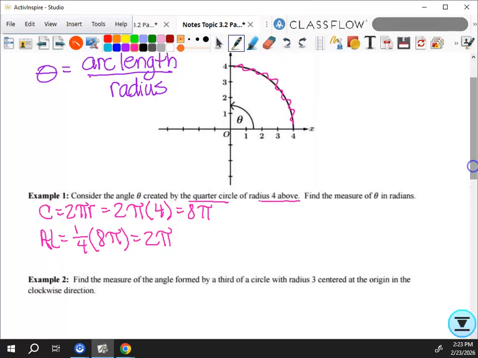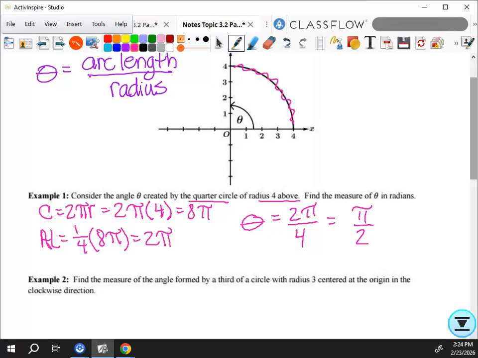But I want theta, so theta is that arc length, 2 pi, over the radius, 4, and that reduces to pi halves. Is that a big surprise? I would hope not, because if I rotate 90 degrees, whether it's a unit circle or not, that is still pi halves radians. A fourth of the rotation is pi halves radians.